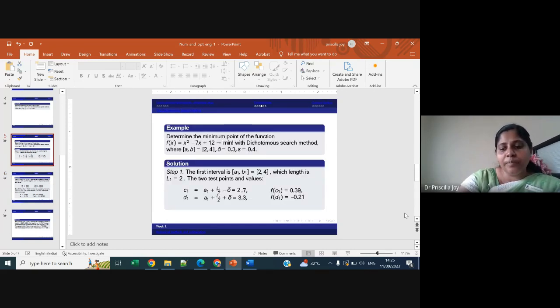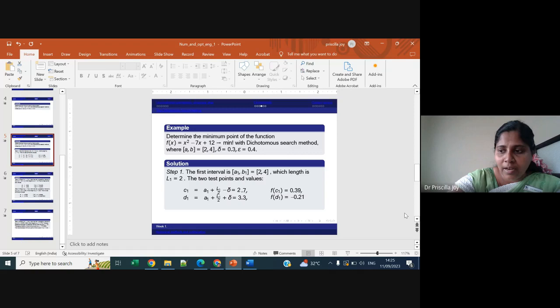Here, when we substitute, we get 3.05 square minus 7 into 3.05 plus 12.